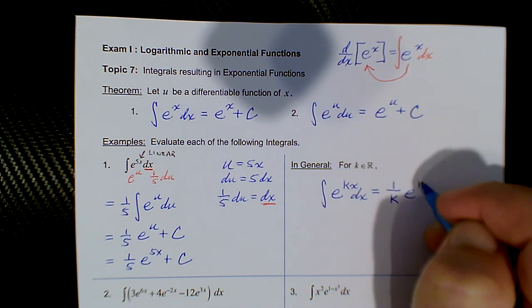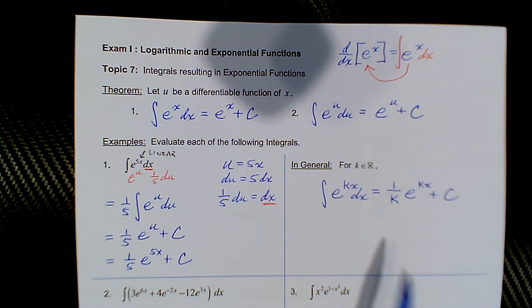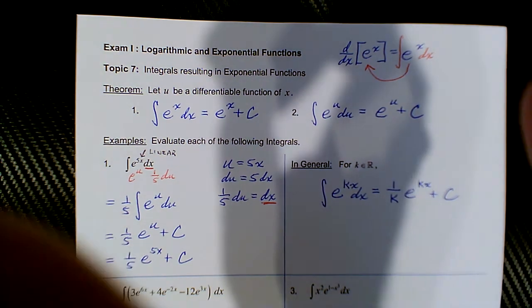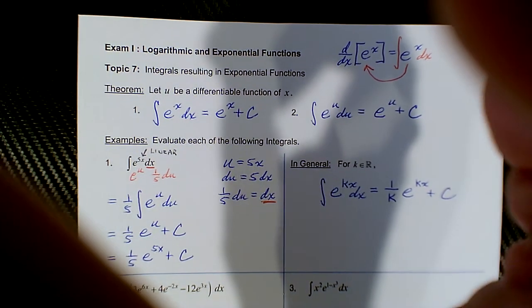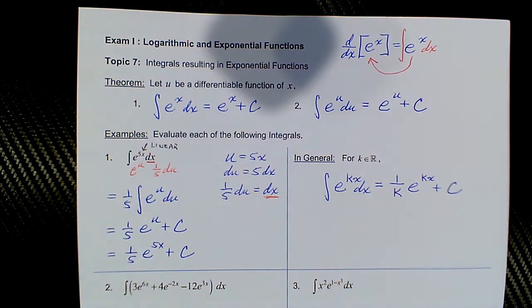So 1/k e to the kx plus our constant. So when we have a situation where we have e raised to a linear power, that's the way we should integrate, by inspection essentially.